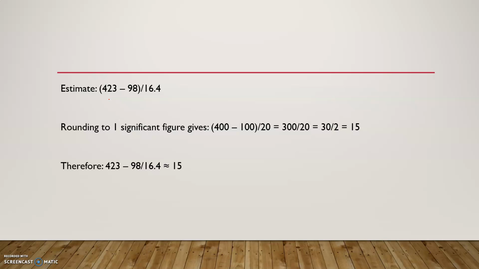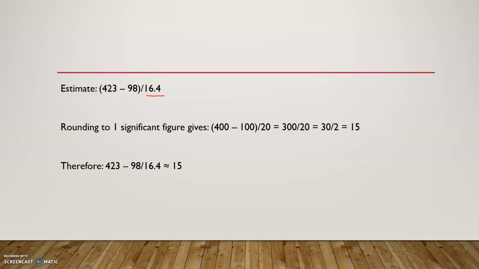Here we've got a fraction: 423 minus 98, divided by 16.4. Again, we're going to follow the same rule, which is the significant figure. So we need to round to one significant figure. We go 423.